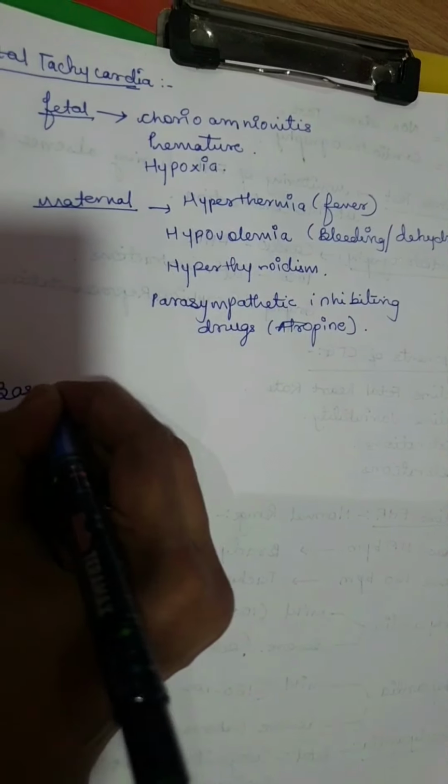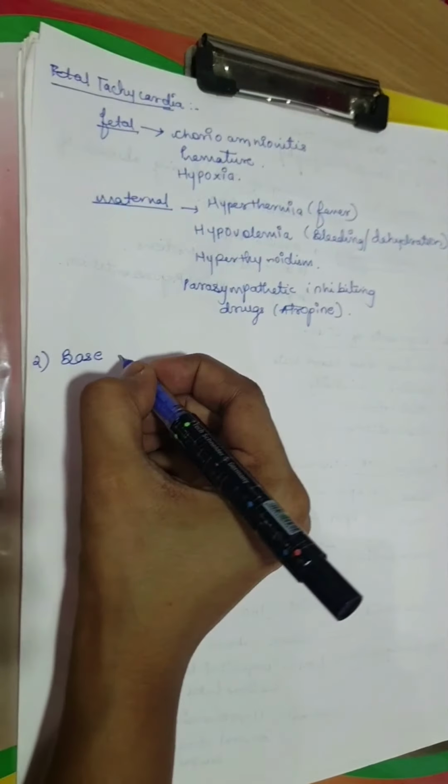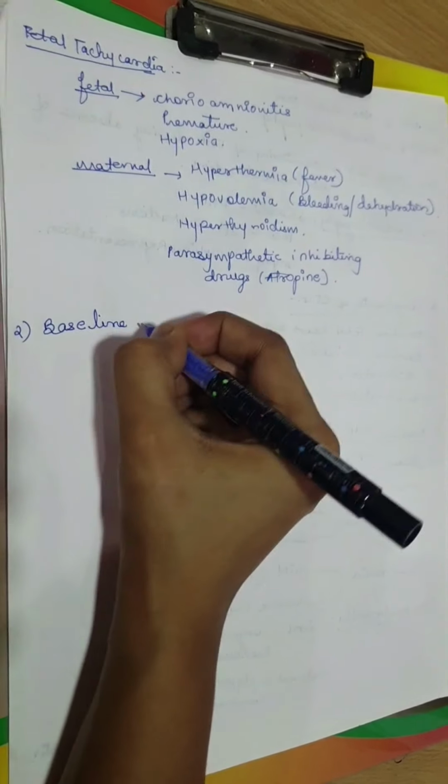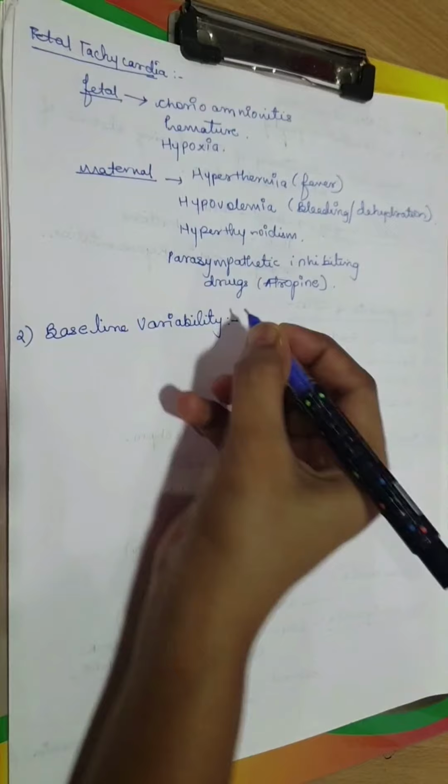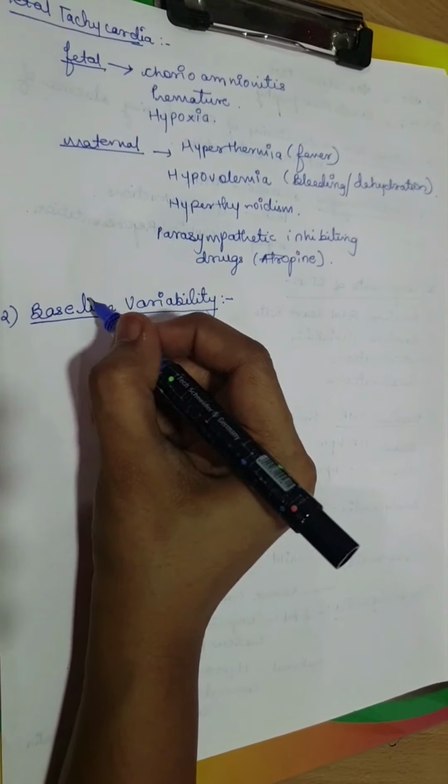Then the second point is the baseline variability. Now, what is baseline variability?